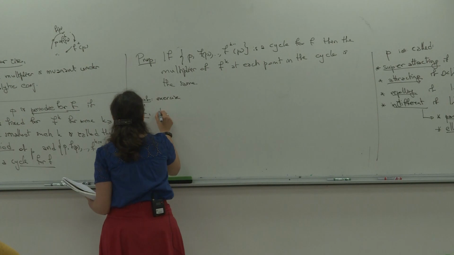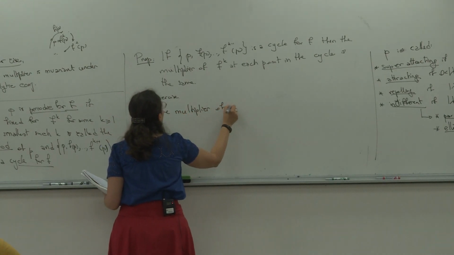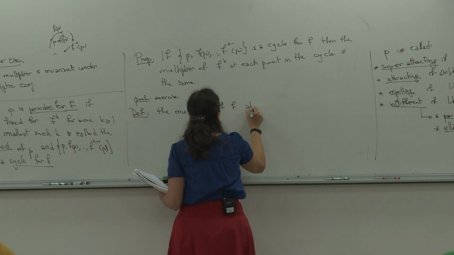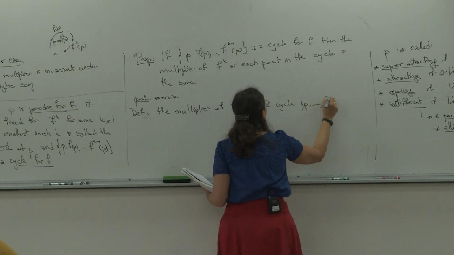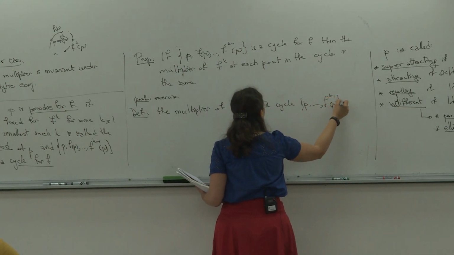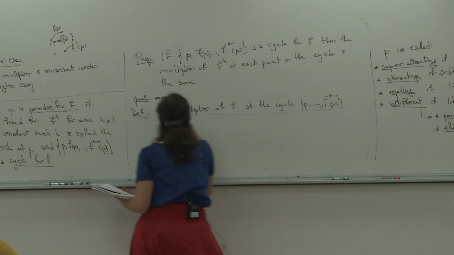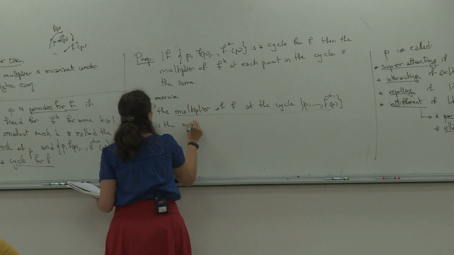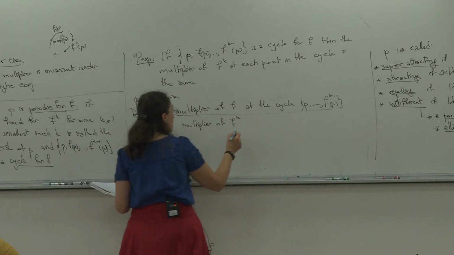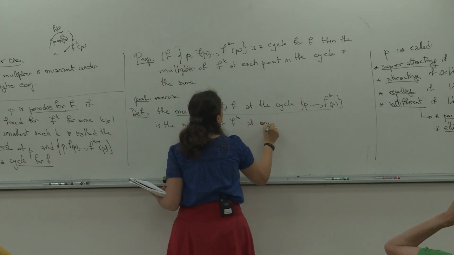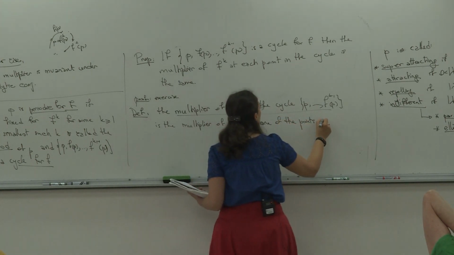So the multiplier of f at the cycle P, ..., f^(k-1) of P, is the multiplier of f iterated k times at one of the points in the cycle.